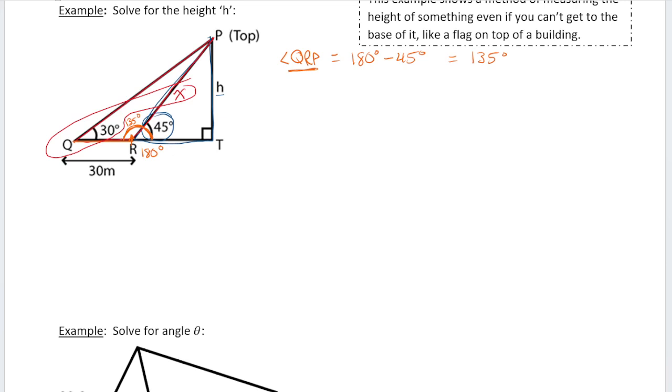Well, this is the classic sine problem where we know two angles, but not the one we need. But we can get this one at the top because we know that the angles in a triangle have to add up to 180.